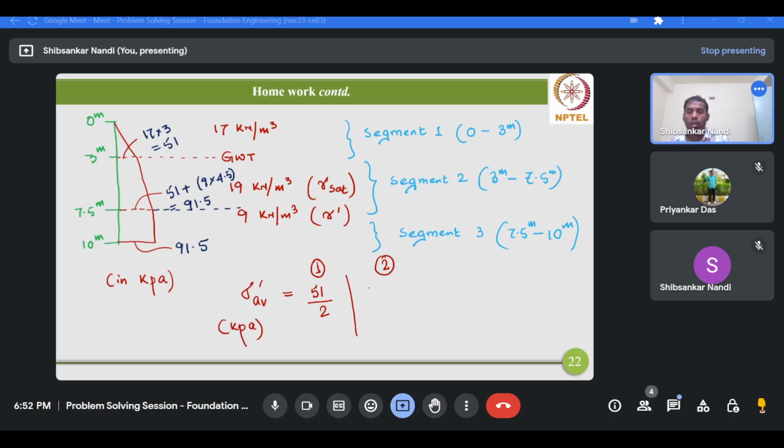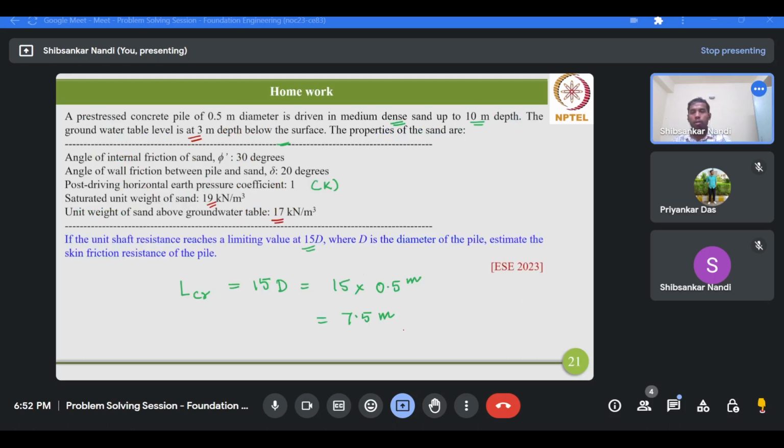Then for segment 2, this is 51 plus 91.5 by 2, and for segment 3, this is simply 91.5 kPa. Therefore the average effective vertical stress would be 25.5 for segment 1, and 71.25 for segment 2.